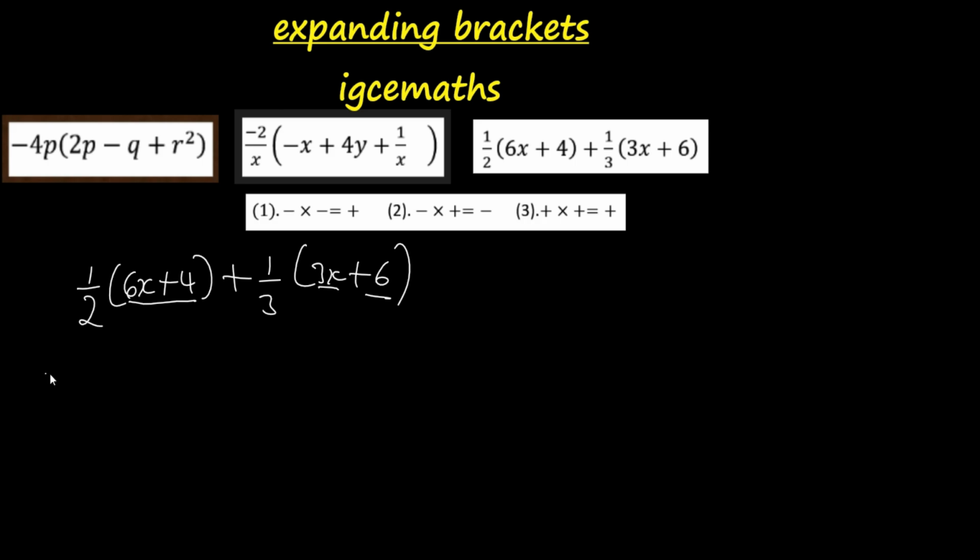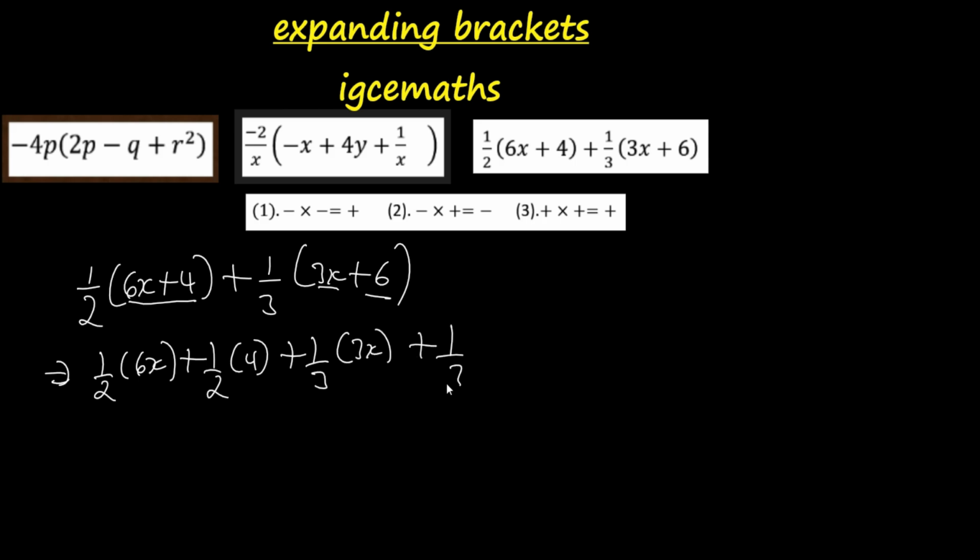So let's go ahead and multiply and simplify. 1 over 2 is multiplying 6x, and also 1 over 2 is multiplying 4. 1 over 3 is multiplying 3x, plus 1 over 3 is also multiplying 6.